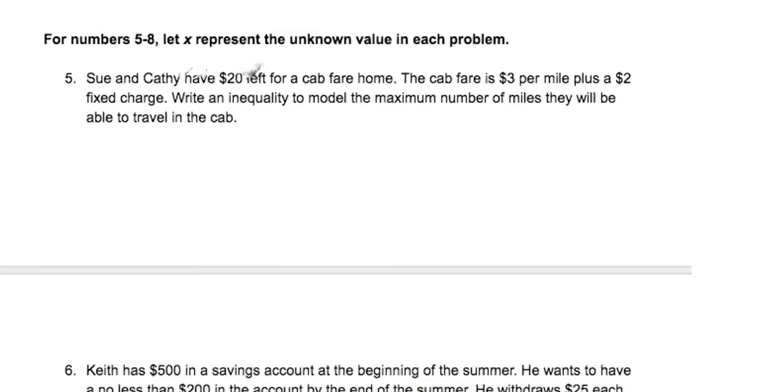Let's look at number 5 quickly. Sue and Kathy have $20 left for a cab fare home. The cab fare is $3 per mile plus a $2 fixed charge. And we need it to be $20. The maximum number of miles they will be able to travel.